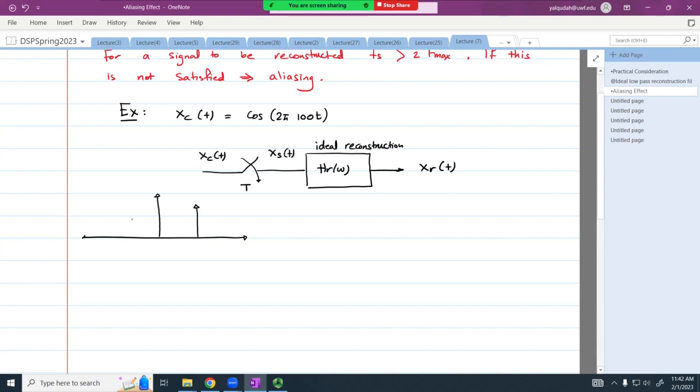This is what the spectrum of the sinusoidal signal looks like. X continuous of omega, or j omega.